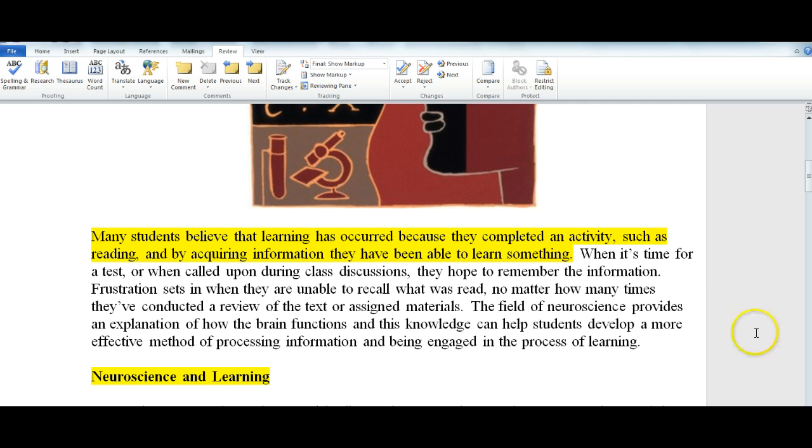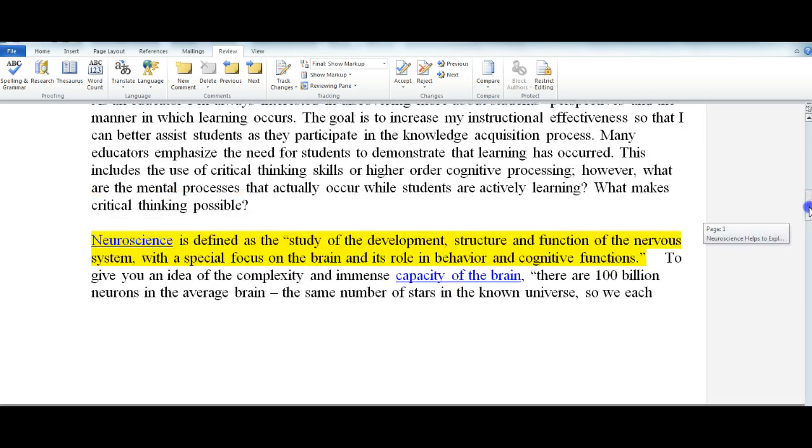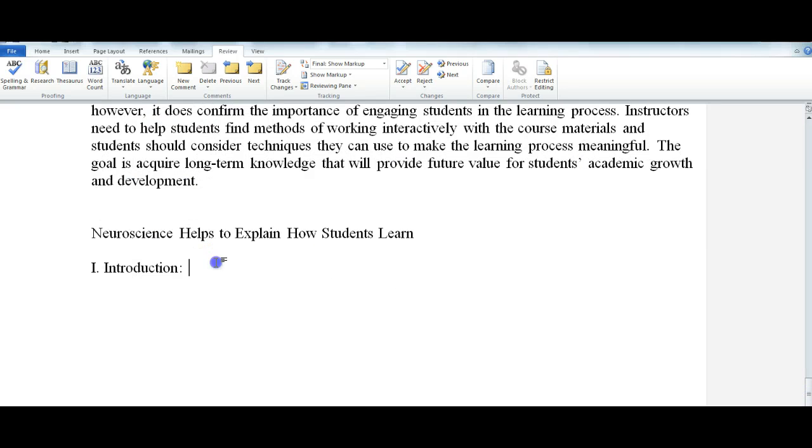I read this a little bit. They talk about knowing when you learn something new. What else do they talk about? How neuroscience helps us understand learning.